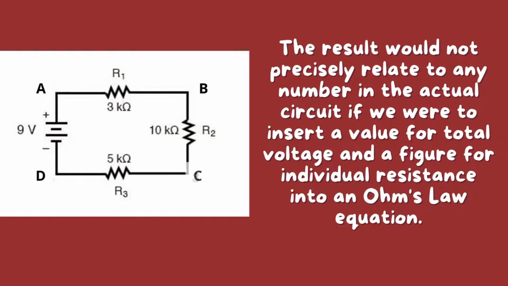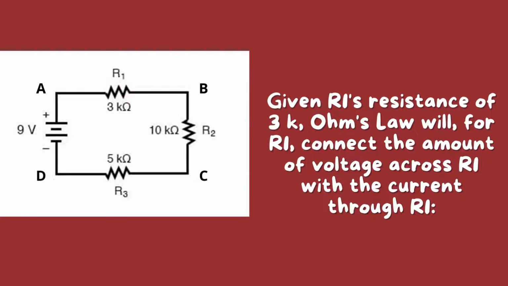The result would not precisely relate to any number in the actual circuit if we were to insert a value for total voltage and a figure for individual resistance into an Ohm's law equation. Given R1's resistance of 3K, Ohm's law will, for R1, connect the amount of voltage across R1 with the current through R1.